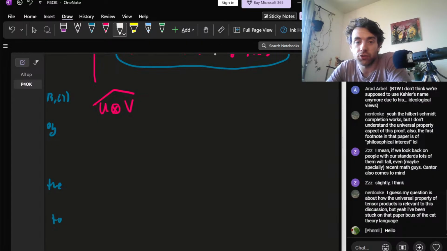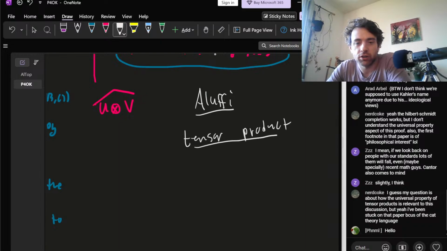So if you're getting confused on that part, I would go consult, say, Aluffi, in particular the section on the tensor product of modules, where he goes through both the construction and the proof of the universal property.